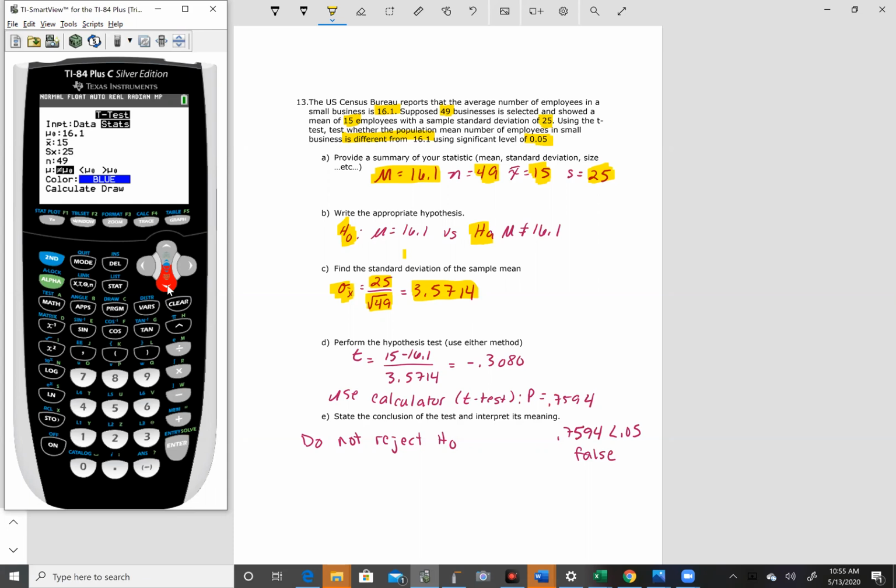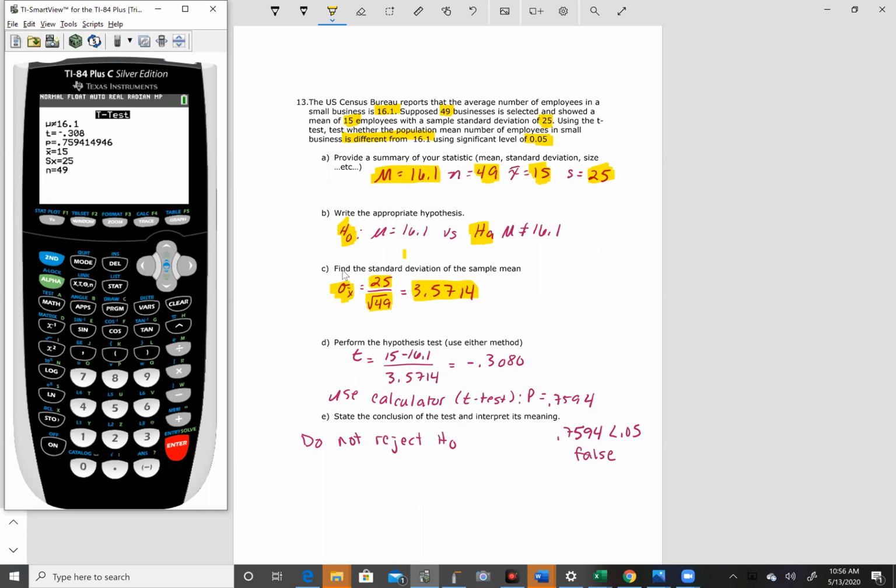And come down, so first the mu, 16.1, our original mu, our x bar, so our mean of the sample, 15, our standard deviation of the sample, 25, our number in our sample, 49, and we want it to not be equal to the original one, that is our alternative hypothesis, and we just do calculate, okay? And you find your t-score to be negative 0.308, which is part D right here, okay?